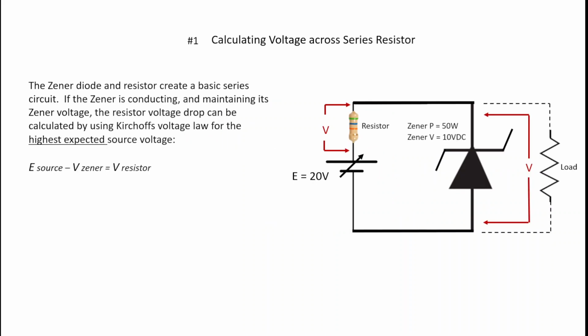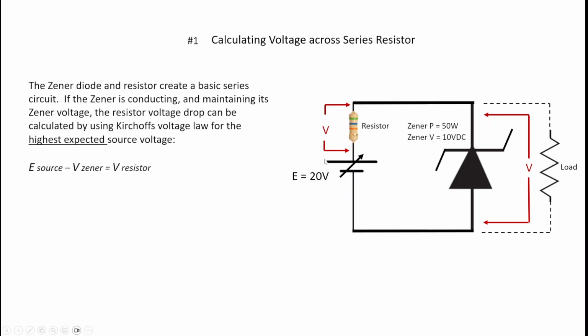Well, to prove how all of these things occur and why they occur, we're going to do a few calculations, starting with calculating the voltage across a series resistor. Now, the Zener diode and the resistor create a basic series circuit. You can see here, series circuit. If the Zener is conducting and maintaining its Zener voltage, the resistor voltage drop can be calculated simply by using Kirchhoff's voltage law for the highest expected source voltage.